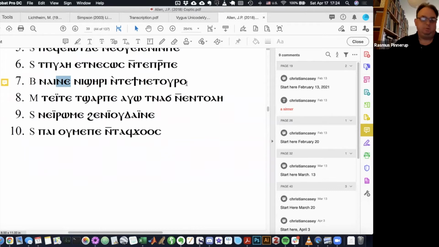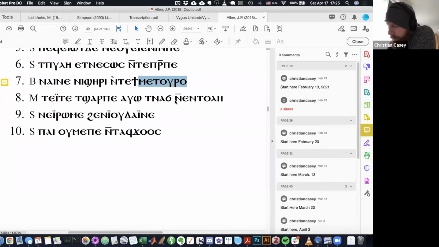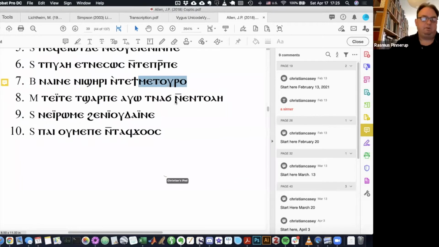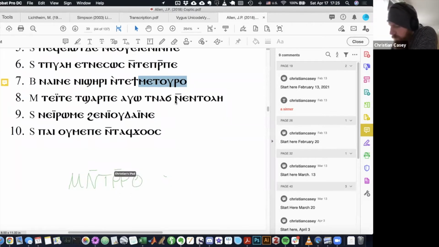So meturo is a kingdom in Bohairic. The glosses say that, but nteti looks like some form of the verb to give. Okay, I see. Yeah. But I'm unsure about the nte. So the word meturo is this word. Yeah. It's the same word.